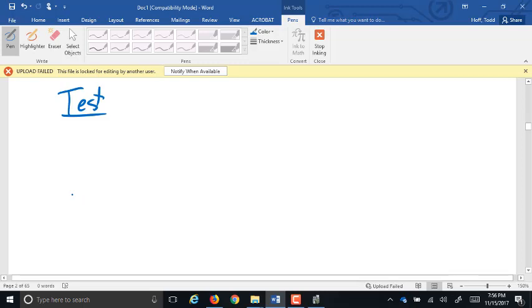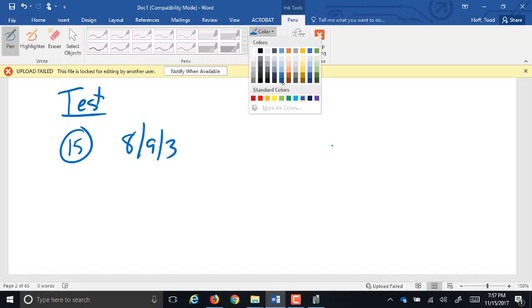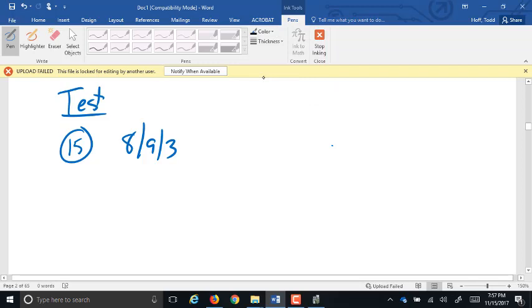Okay, how about 15 through 18? An 8-9-3 chain discount means you get an 8% discount followed by a 9% discount followed by a 3% discount. To figure it out, you have to find the net price equivalency, the NPE. And to do that, you use the complements.